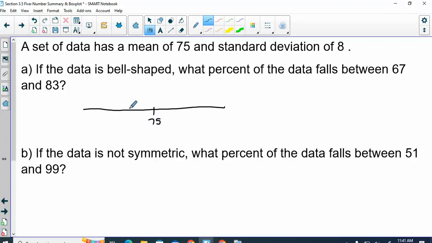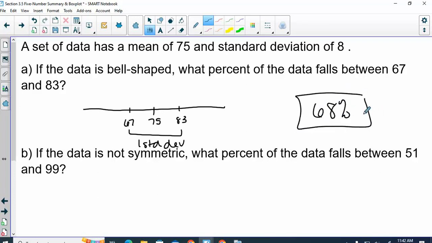For one standard deviation, you would subtract 8 and add 8. So that would take me to 67 and 83. So this is one standard deviation. So what percent? 68%.